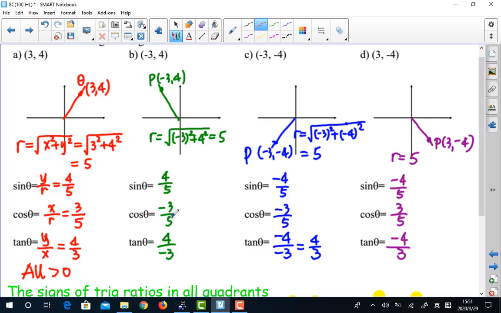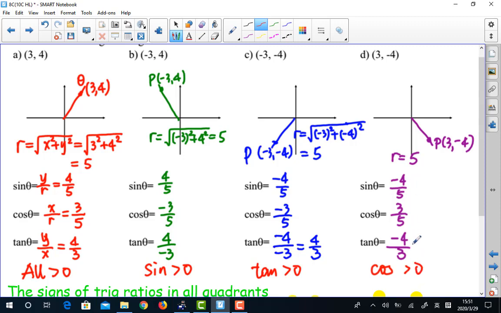For the second quadrant angle, only sine is positive, and the other two, cosine and tangent, are both negative ratios. For a quadrant 3 angle, only tangent is positive, the other two are negative. For a quadrant 4 angle, only cosine is positive, and the other two are negative.